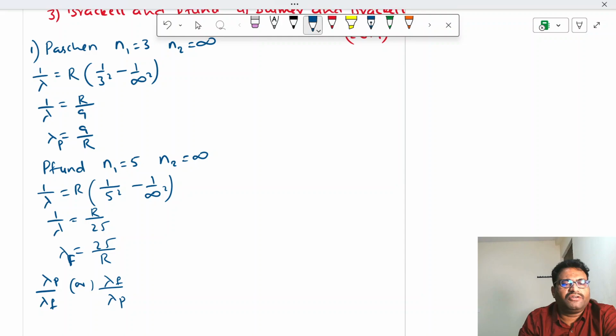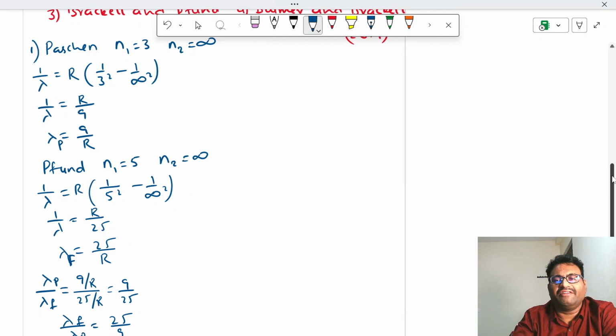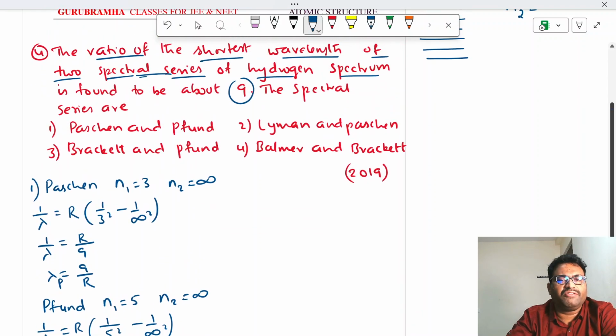Lambda P by lambda F is 9 by R by 25 by R, so 9 by 25. If we calculate F by P, that will be 25 by 9. So we don't get 9. We have to get 9, so let us go with the second option. So this is not the correct answer.